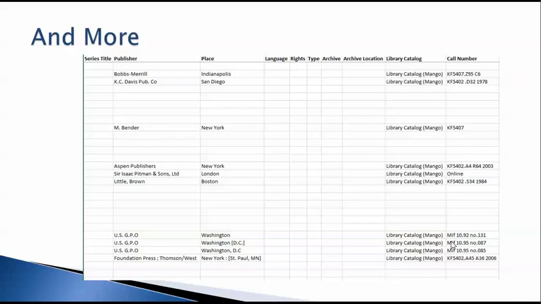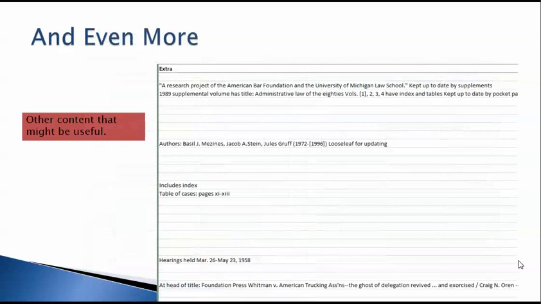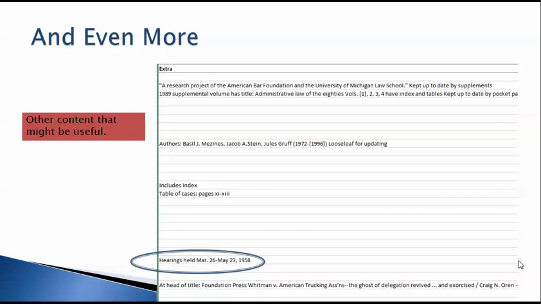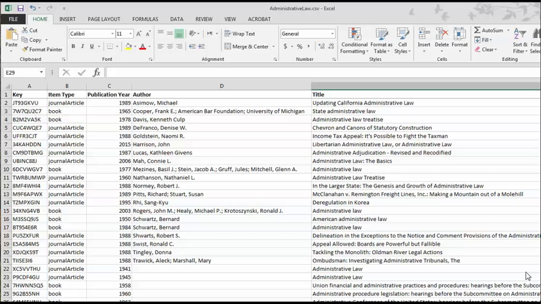We have several here that I can tell are microfiche because it's got the MIF prefix there. There's extra information, content information that's gathered from the catalog. In this case, it's pointing out that we have a hearing here that was held in 1958. It's useful information.